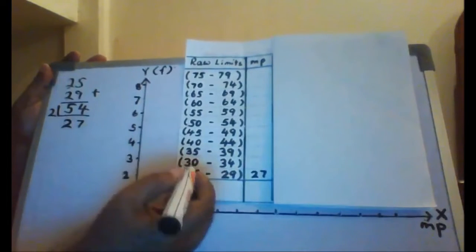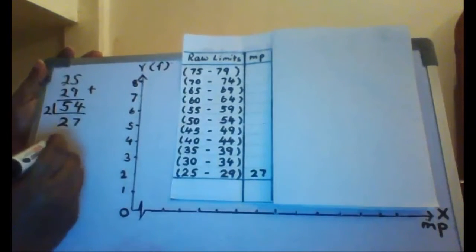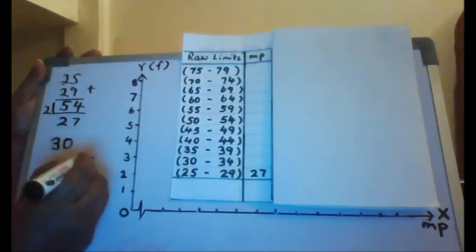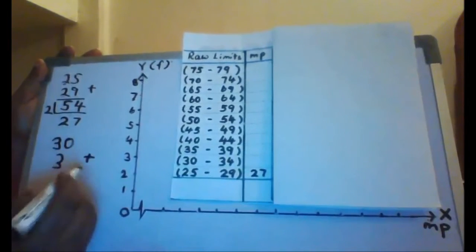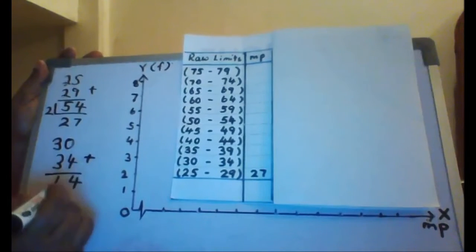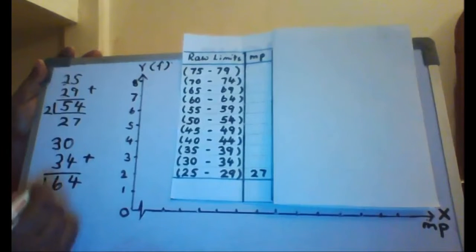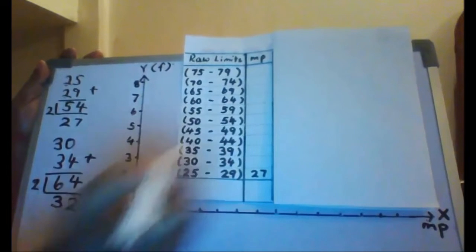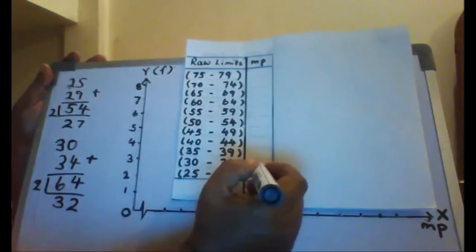What's the next one? 30 to 34. What do you have to do? Add these two together. 30 plus 34, 64. Then we have to divide this by 2. 32. Put it here, 32.